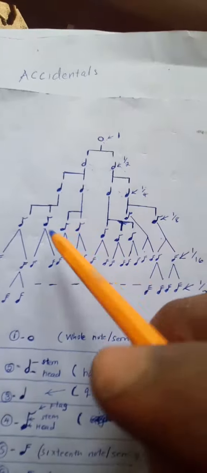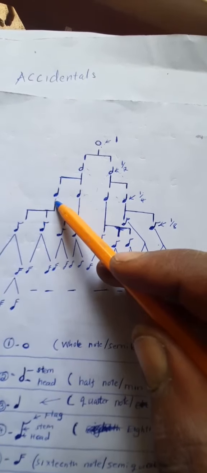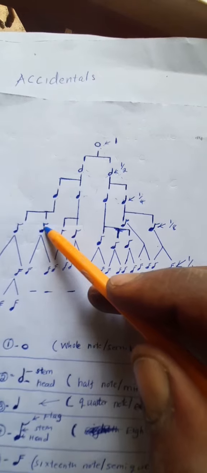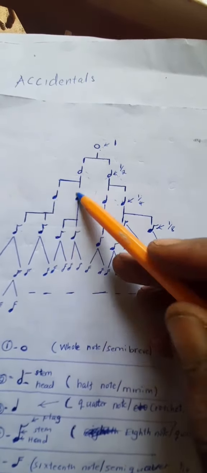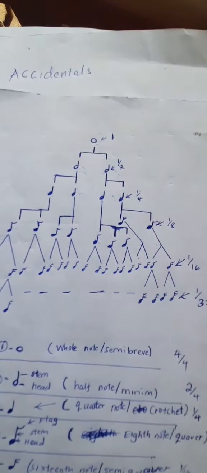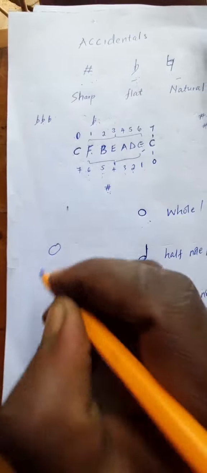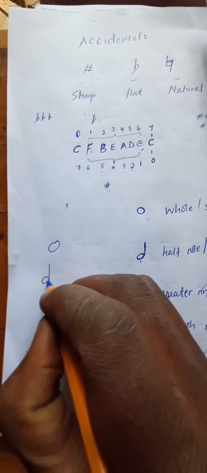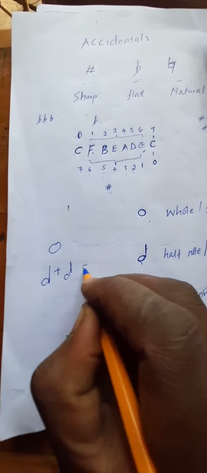Now you come to the 1/8 note. Two 1/8 notes make one quarter note. Now if this is a whole note, it means that 2 half notes equal 1 whole note.